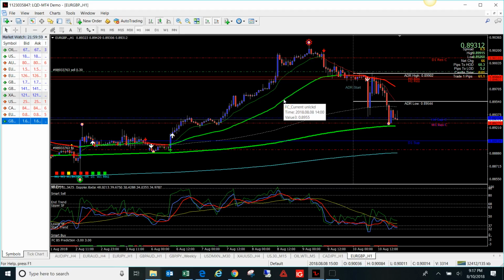I know when things are simple, we like to overcomplicate them sometimes. But with the FC Pro, there's really no need to overcomplicate anything because these currents are going to help you identify the trend. They're going to help you get those perfect entry points, eliminate drawdown, which I think are 3 areas that a lot of traders struggle with.